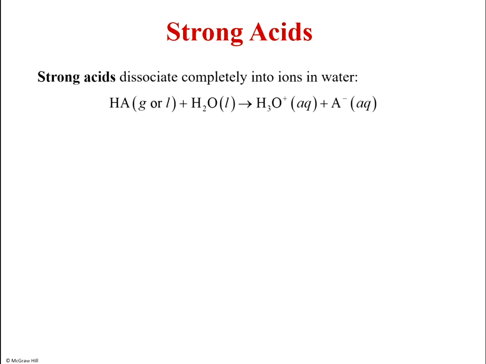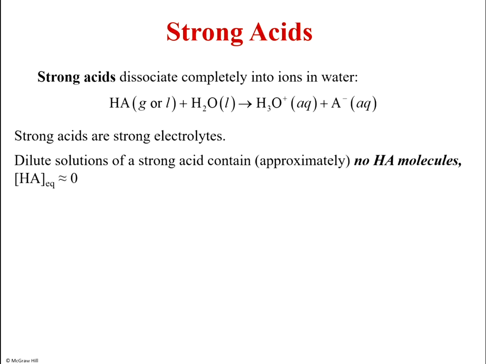Strong acids completely dissociate into ions in water. So we know that a strong acid will go into water to form hydronium and A-. So strong acids are strong electrolytes. Dilute solutions of strong acid contain approximately no HA molecules. I've written approximately because that is strictly correct.